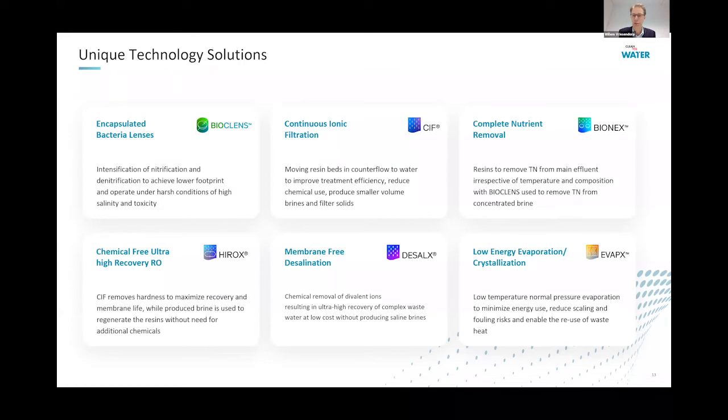The reason we cover a spectrum of solutions is that's often what the customer requires. It's often very hard to take one of those and go to a customer, because that becomes a very binary discussion. More often than not, a customer needs two of those solutions together, and we're able to help customers with their problems and provide the optimal solution.